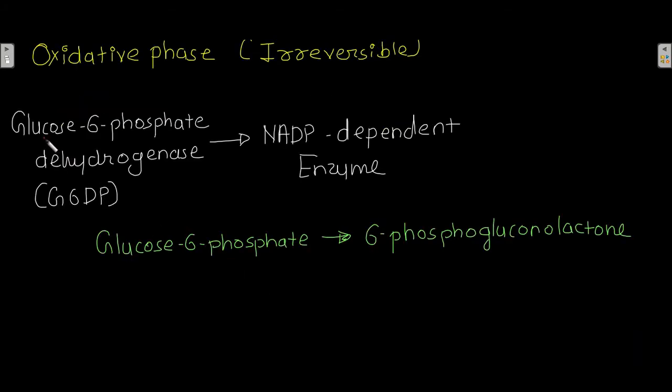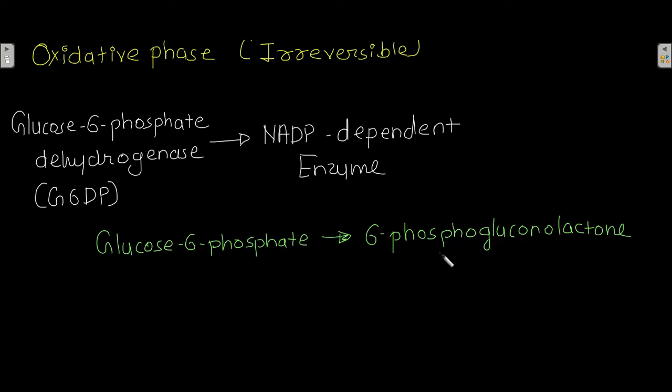Glucose 6-phosphate dehydrogenase, G6PD, is NADP dependent, and this enzyme converts glucose 6-phosphate into 6-phosphogluconolactone.